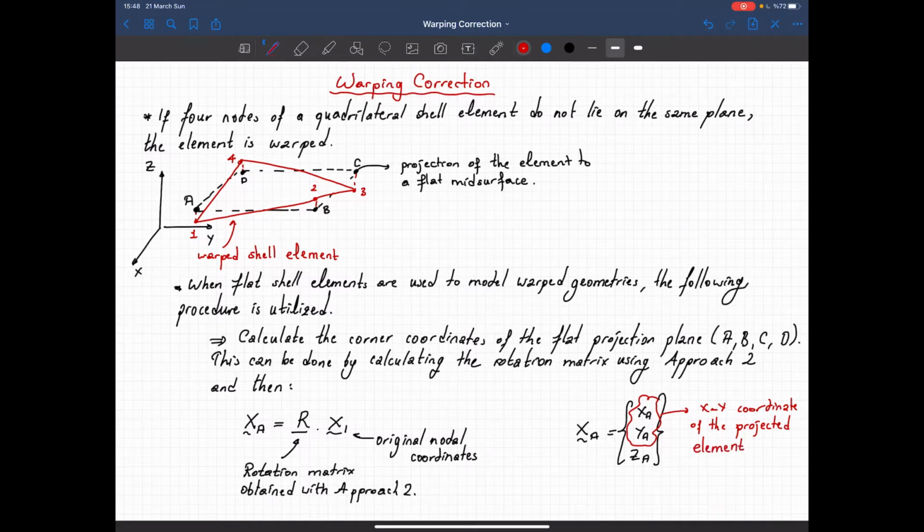So basically what we are doing is calculating the stiffness matrix of a flat shell element defined by points A, B, C, and D. Okay, and the xy coordinates of this flat shell are determined as follows.